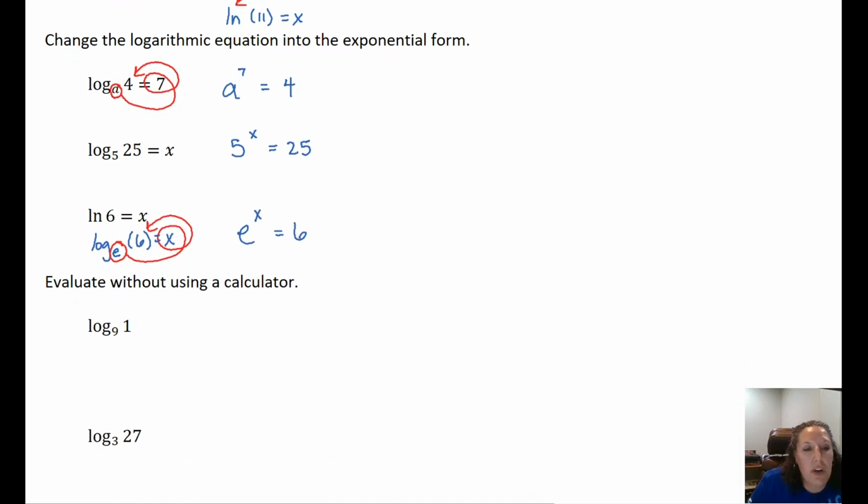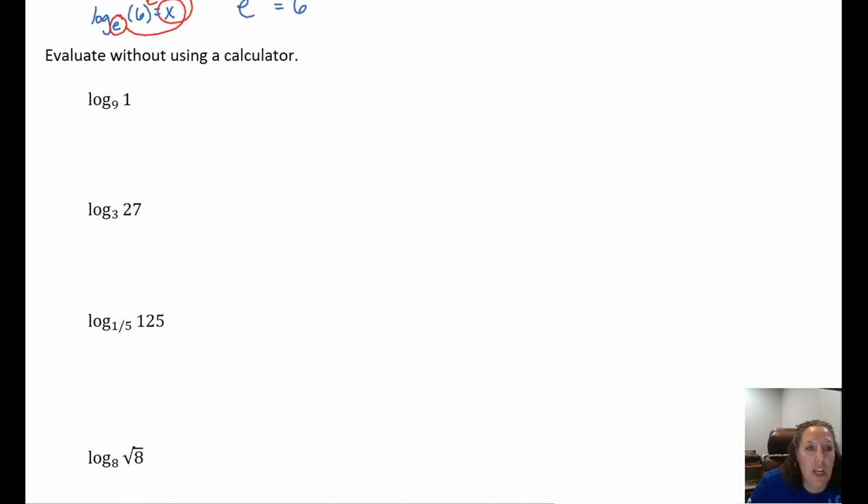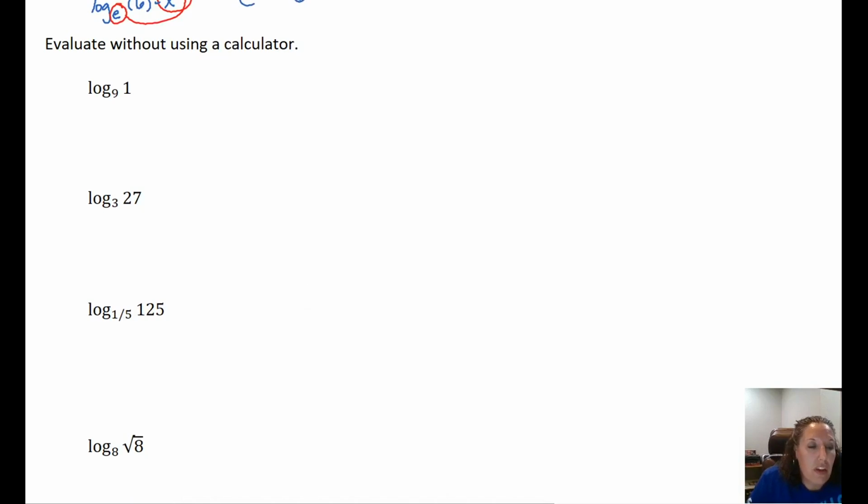Alright, the rest of these we are going to look at simplifying and evaluating without using a calculator. So if we have log base 9 of 1, we can kind of think of this as an equation, convert this to the exponential form, so log base 9 of 1 equals x. We could rewrite that as 9 to the x equals 1, and then ask ourselves, 9 to what power is equal to 1?